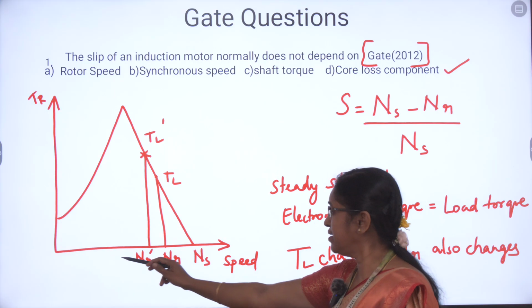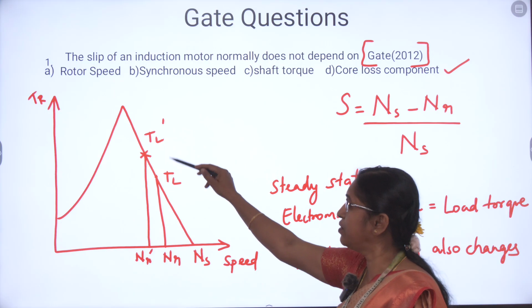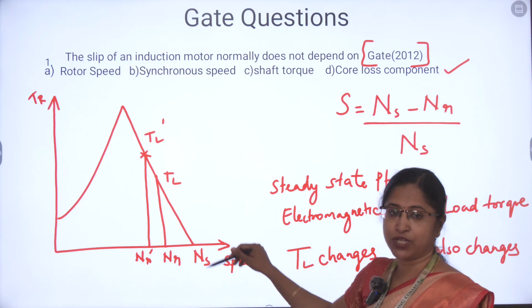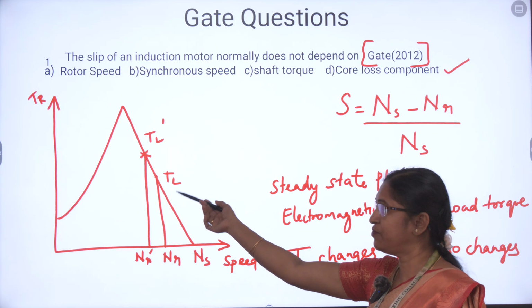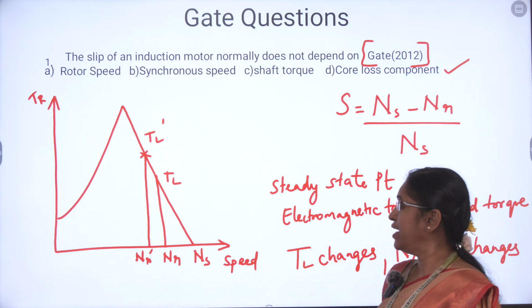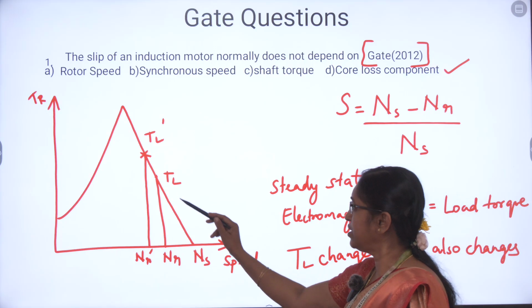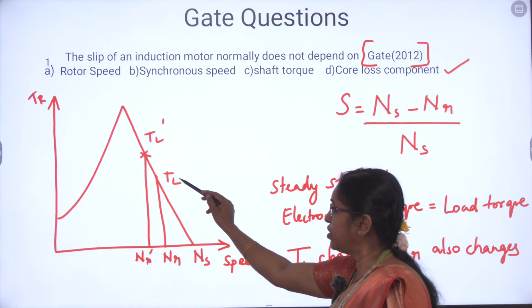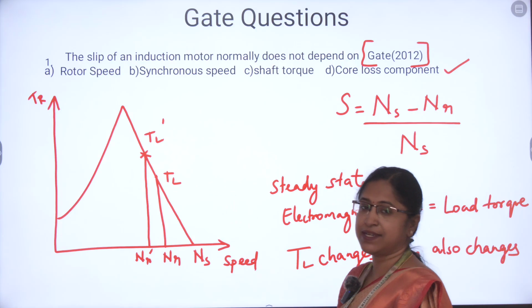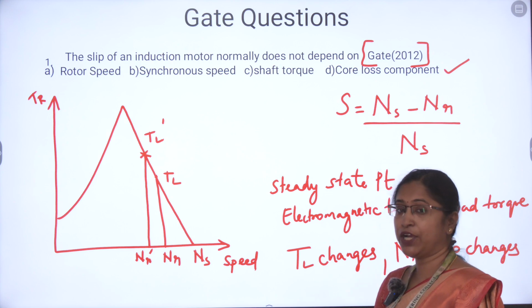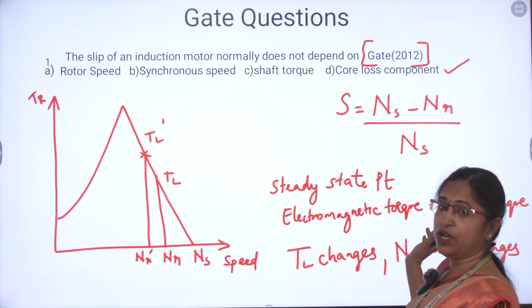As I said already, let us take this as the nominal behavior of your induction motor torque-speed characteristics. Let us assume this R value is somewhere around medium or large, and you can see this is your speed and torque. There is a point TL, the load torque, which we take as a steady state point where your electromagnetic torque is equal to your load torque.